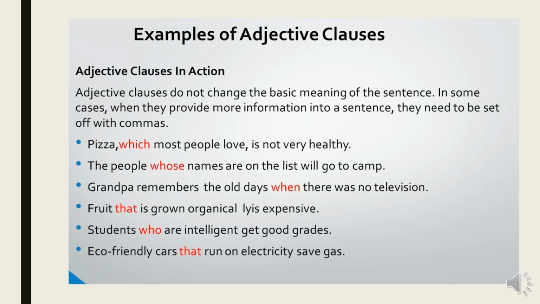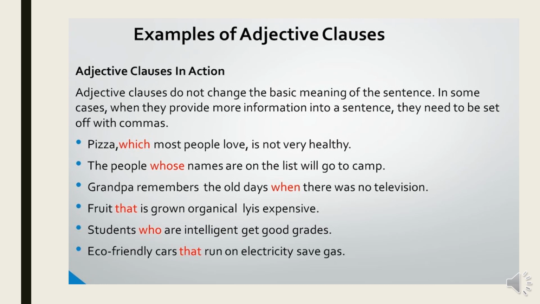Look at this example. Adjective clauses do not change the basic meaning of the sentence. In some cases, when they provide more information in a sentence, they need to be set off with commas. Look at the examples. Pizza, which most people love, is not very healthy. The people whose names are on the list will go to the camp.